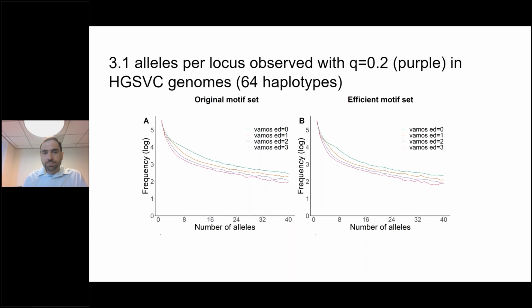So even with the efficient motif set, you still see a very large number of alleles per locus, even though we're compressing some of the diversity that we see in samples.